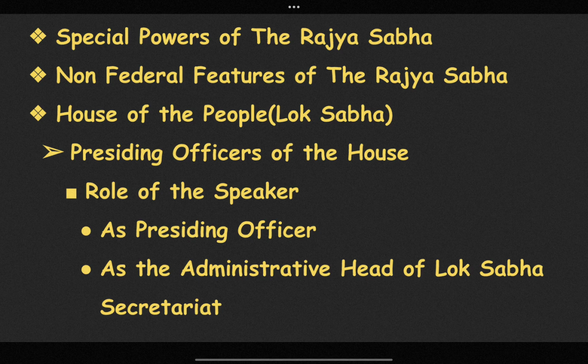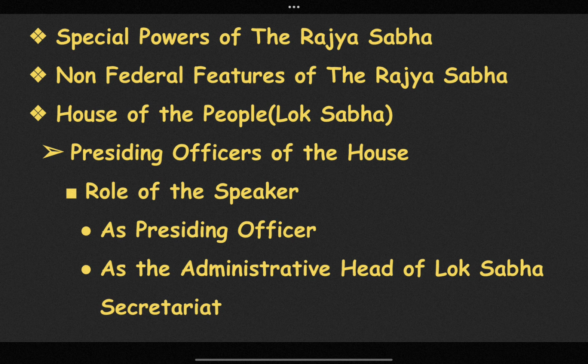Now, let us discuss the presiding officers of the House. The Speaker and the Deputy Speaker are elected from amongst the members of the House by simple majority, but can be removed by a resolution of the House passed by a majority of all the then members of the House, that is, by the effective majority.